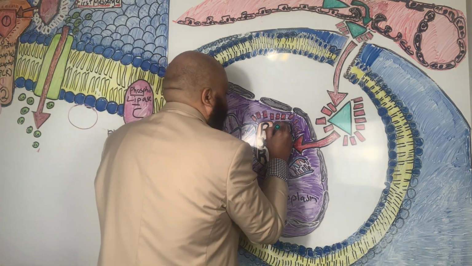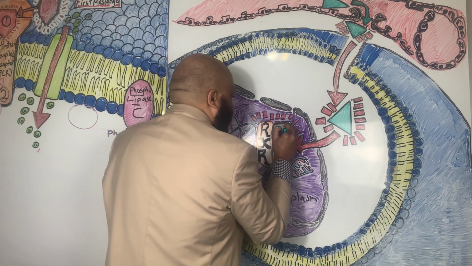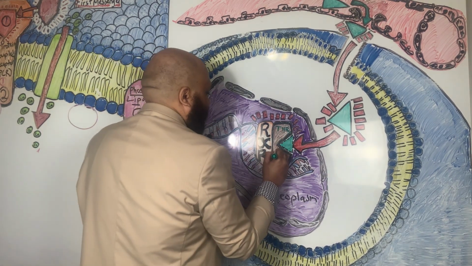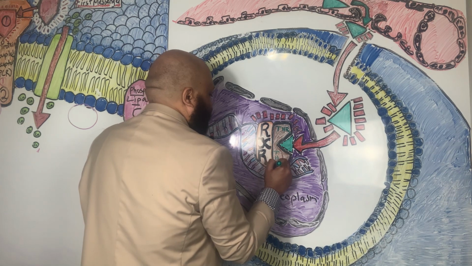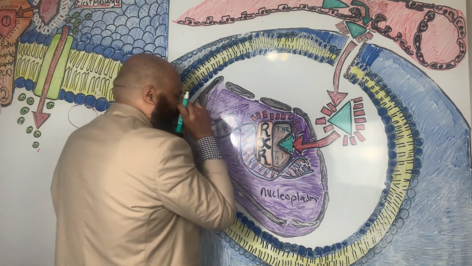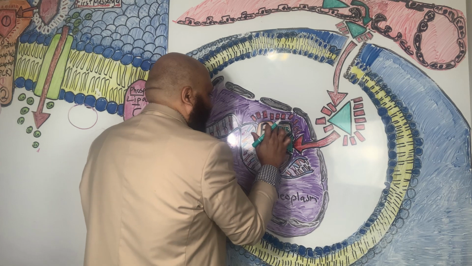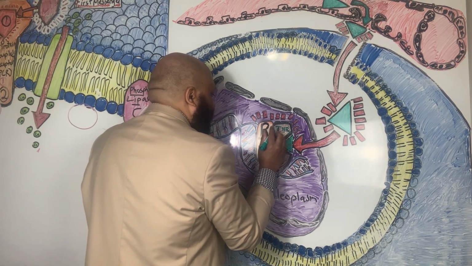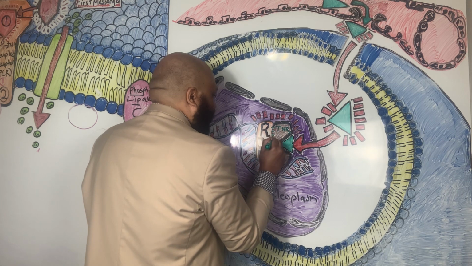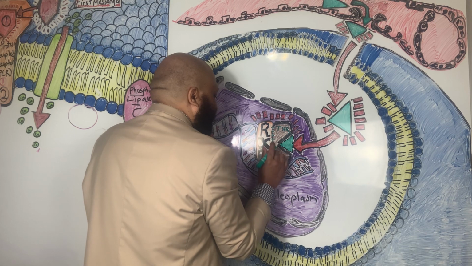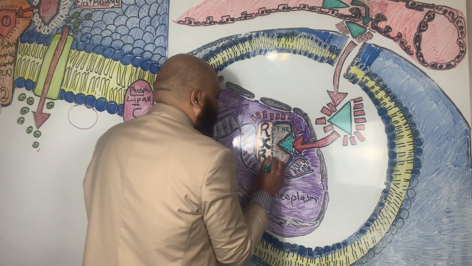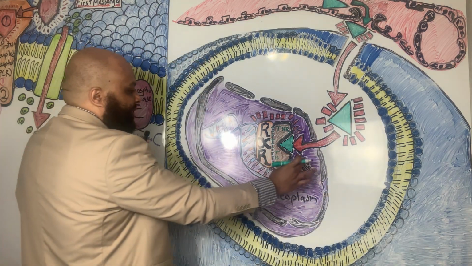This is the thyroid hormone receptor, THR. This thyroid hormone receptor has a very important link with a retinoid receptor, RXR. So the retinoid receptor is attached to the thyroid hormone receptor, and both of them are attached to the DNA.